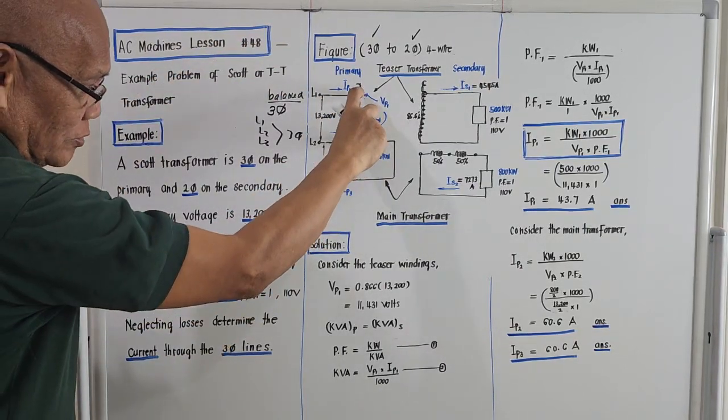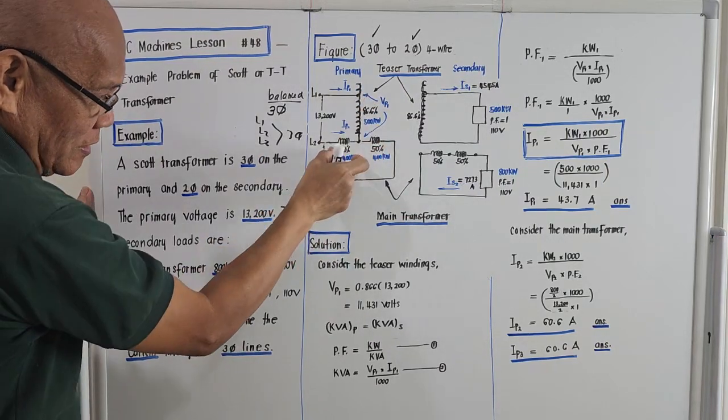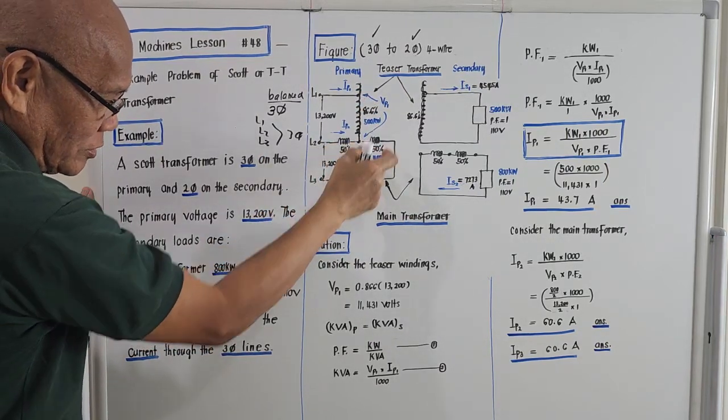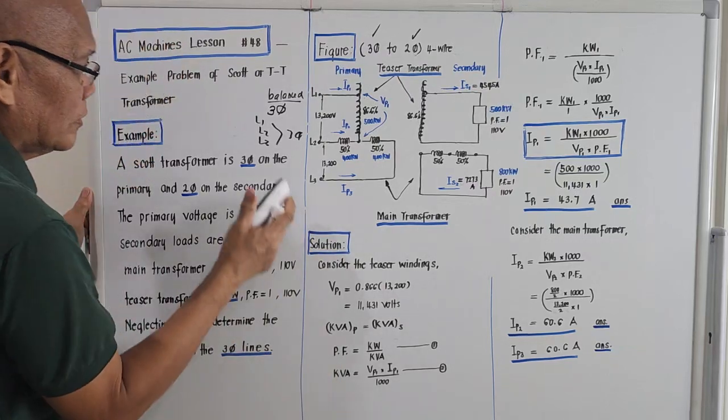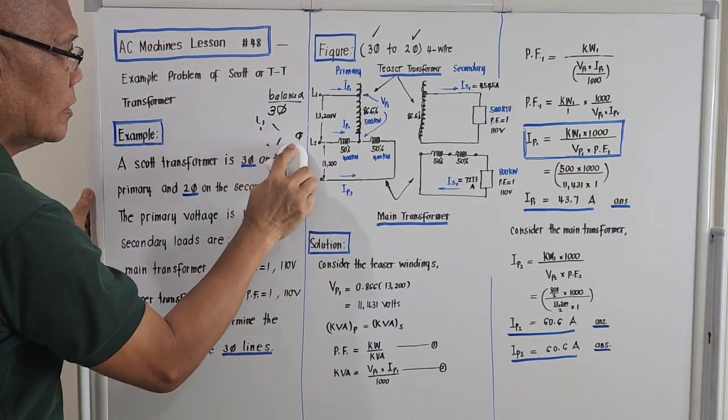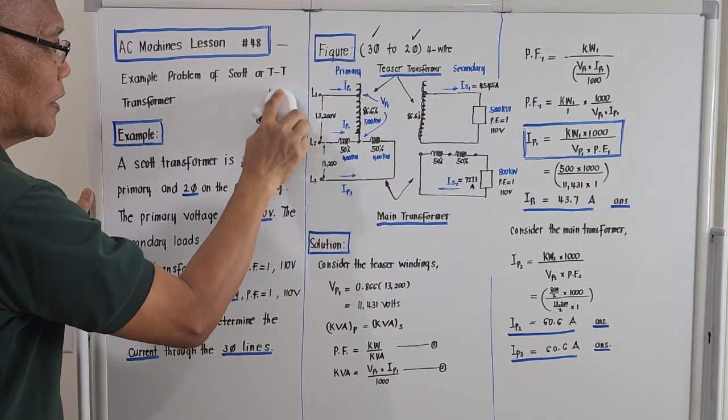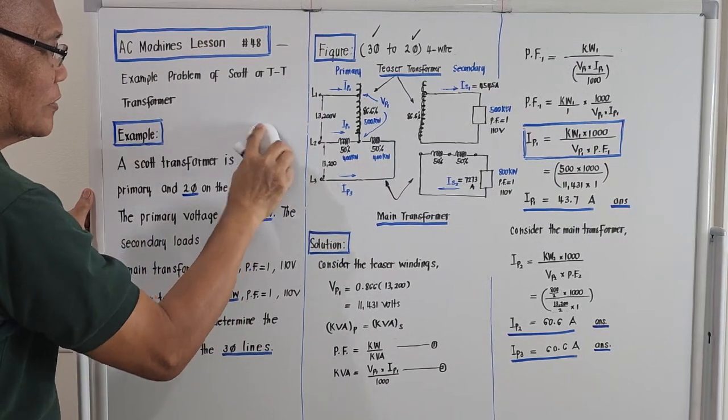This is the 86.6% tapping, this is 50%, and this is 50%. We could prove that this is actually three-phase.